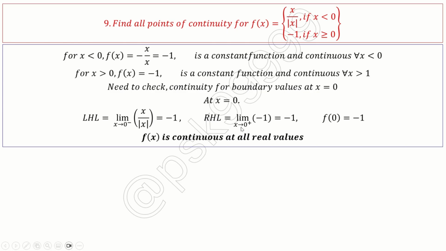And for x tends to 0 plus, RHL is defined as minus 1, not as 0 as in the previous question. So RHL is also minus 1. And f of 0, the definition is this one only, because it is x greater than or equal to 0. So f of 0 is also minus 1. So LHL equals RHL equals f of 0. So this is continuous at x equal to 0 also, which means f of x is continuous at all real values. Okay. So this is the only small change from the previous question.